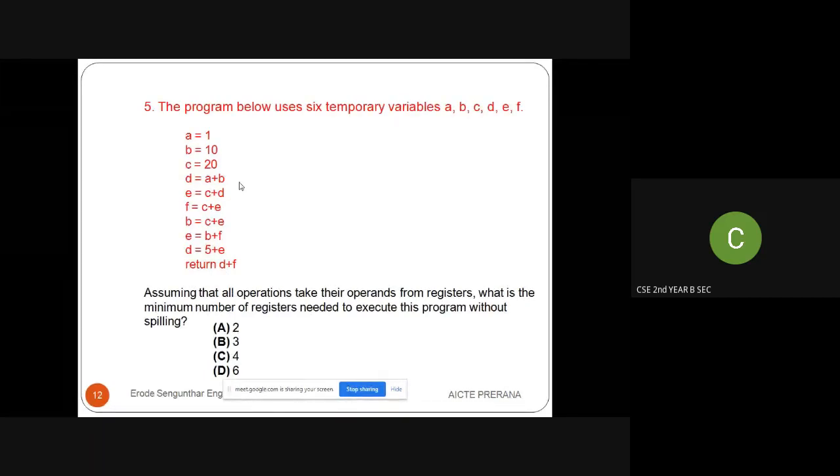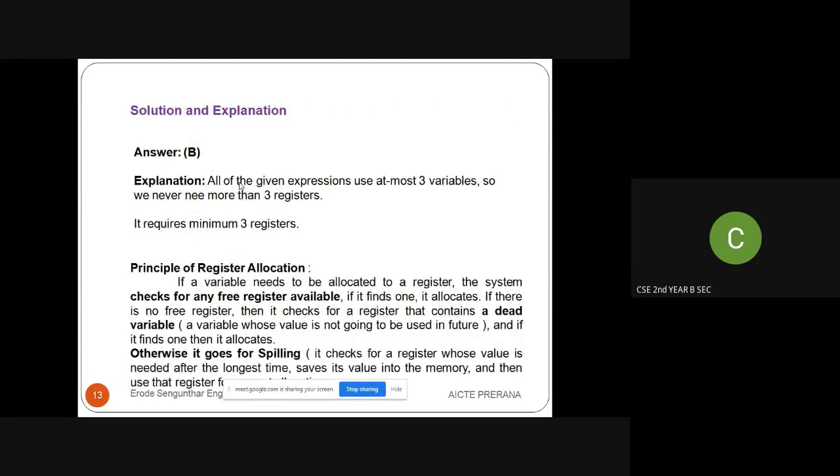So when I initiate a variable and do not use it for a long period of time, or for future operations, it is considered a dead variable. When there is a dead variable available in my computer or memory, I will allocate that particular register to the new values.